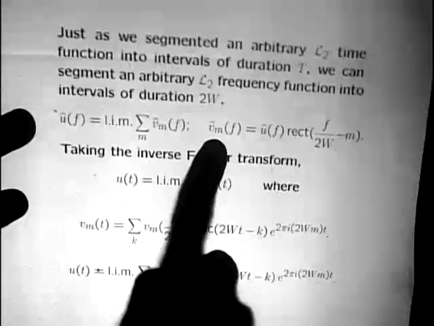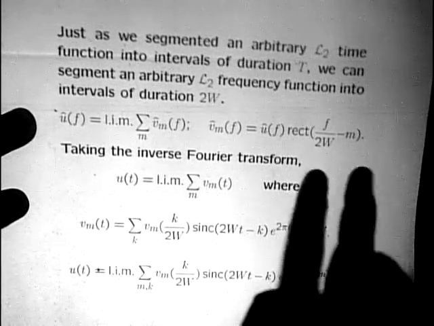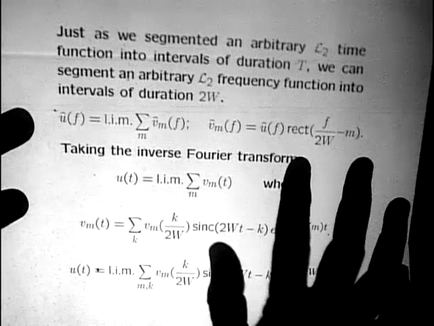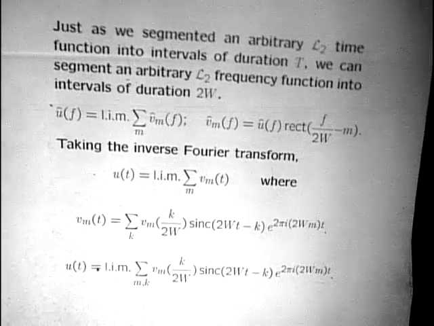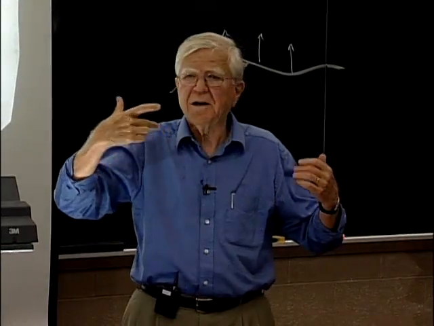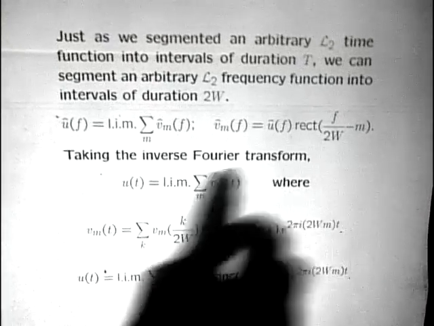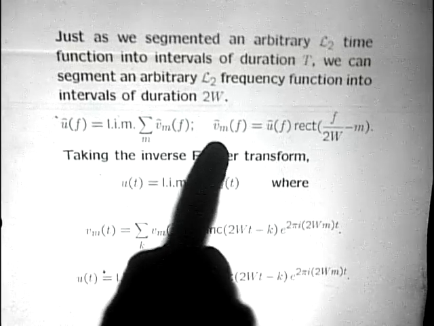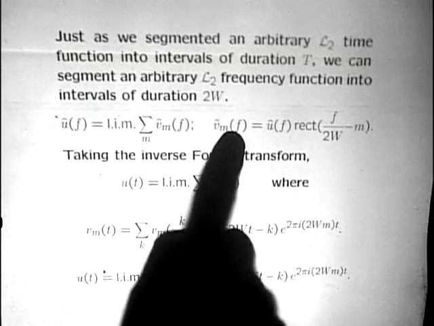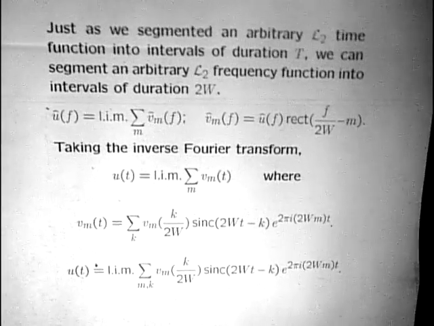V sub hat m of f then is going to be the part of u of f which is in this particular frequency range. It's completely the analogy of taking a time function, looking at that time function over a particular range of time. And here what we're doing is taking a frequency function, segmenting it into different frequency intervals so that the mth frequency interval is then just this with a rectangular function to truncate it.